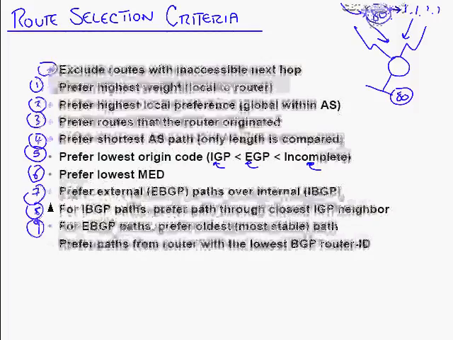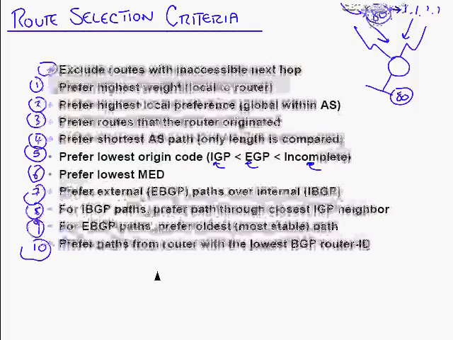Now, if all of those are equal and it says, you know what? I learned these routes at exactly the same millisecond, which is a pretty rare chance, but they had to put one in there just in case that chance happened. Number 10 is it will prefer the paths from the router with the lowest BGP router ID. And at that point, you're just saying, you know what? Whoever has the lower name.